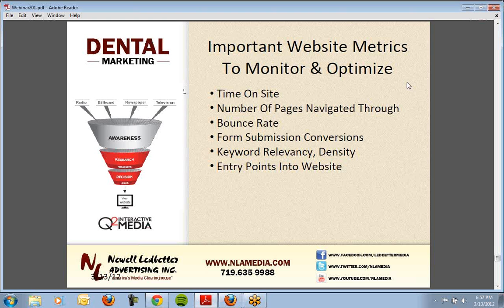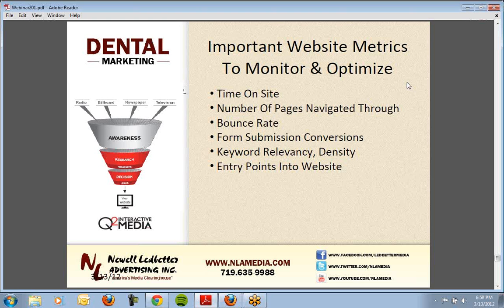Keyword relevancy and density. Believe it or not, again, the more generic, the more general a keyword phrase is, the less likely are people to engage. And that's why we truly encourage our customers to develop good content that is engaging, that is just enough information to want people to engage, but not to overeducate and leave.